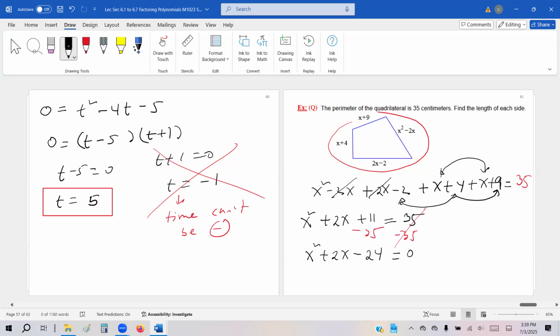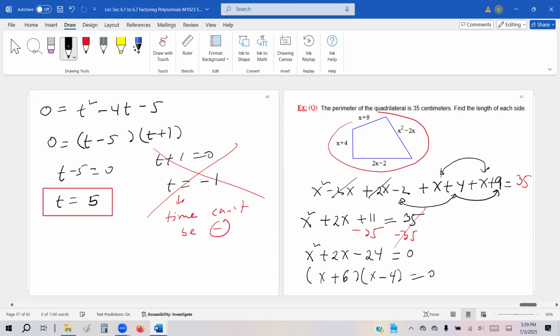And now we can read. Oh, it becomes a simple quadratic. Any factors? Multiply to negative 24, combine to 2. 2 numbers. What are they? 6 and 4. Signs?